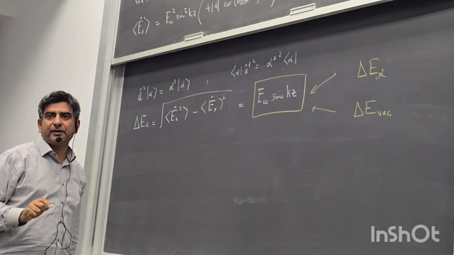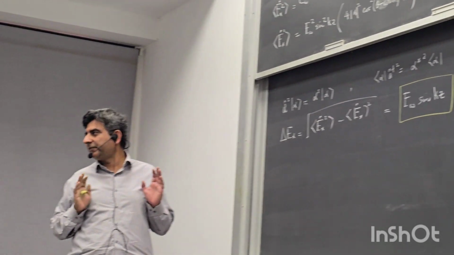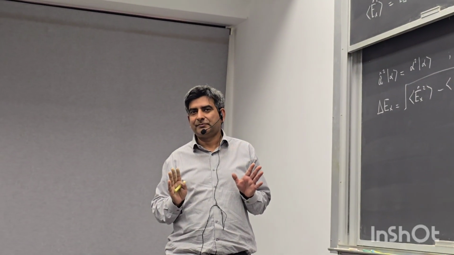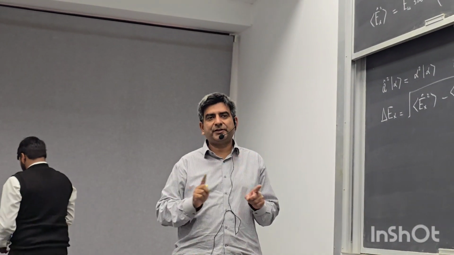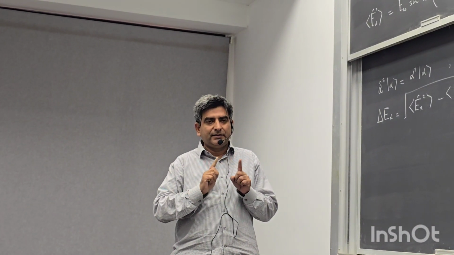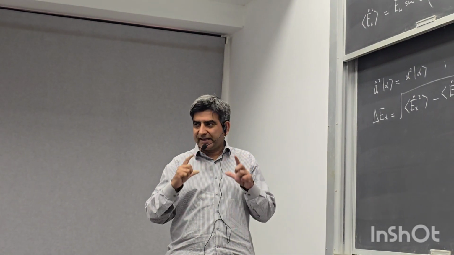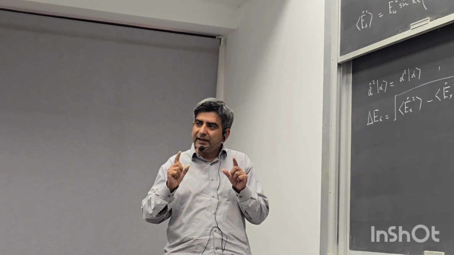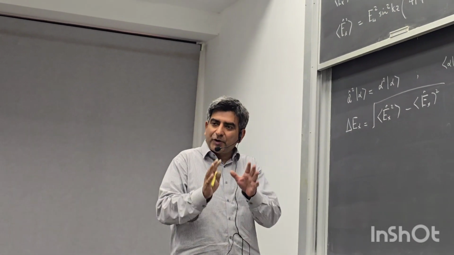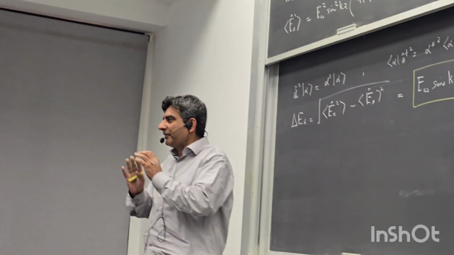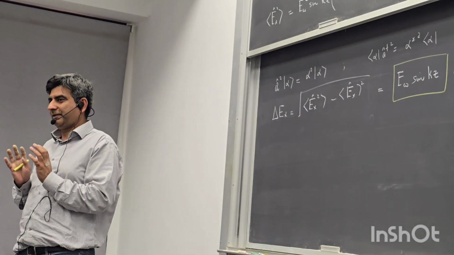For the vacuum state, we know that the average electric field is 0, and there is only fluctuation, there is only x square expectation value that is non-zero. And that equals delta Ex for the vacuum state. So the coherent state and the vacuum state have exactly the same uncertainty.